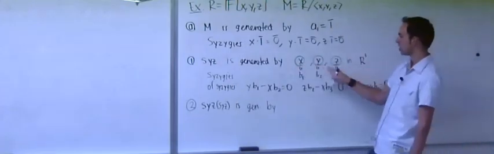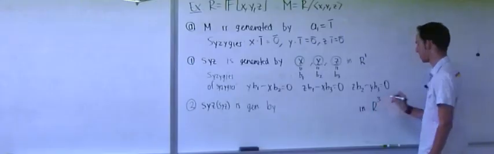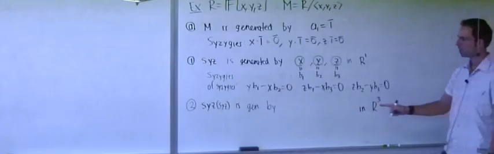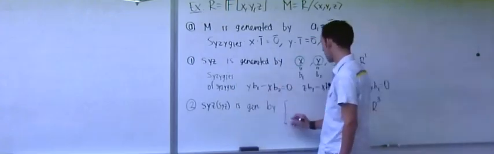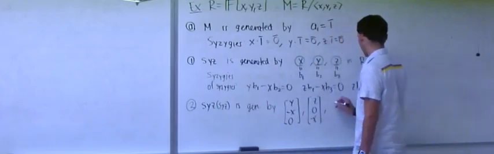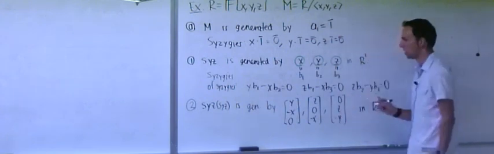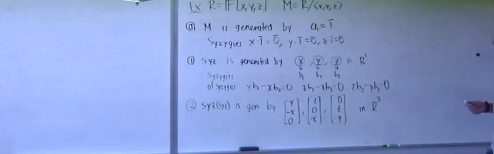Here I have 3 generators, so these guys are going to live in R3. And what are they? Well, here they are. Y, minus x, 0. Then z, 0, minus x. And then 0, z, minus y. Okay? So those are the syzygies of the syzygies.